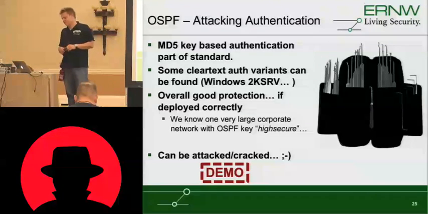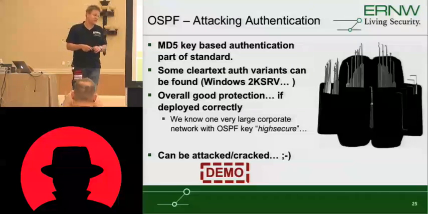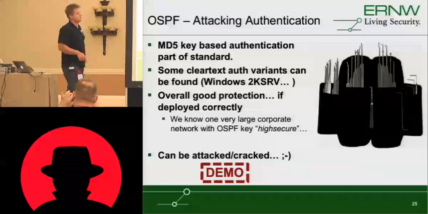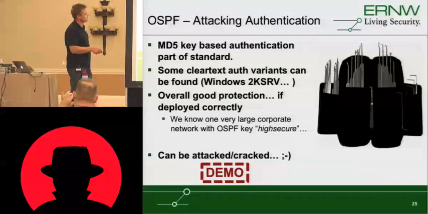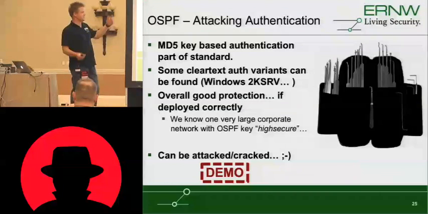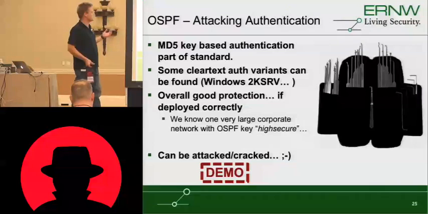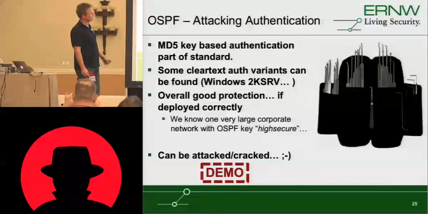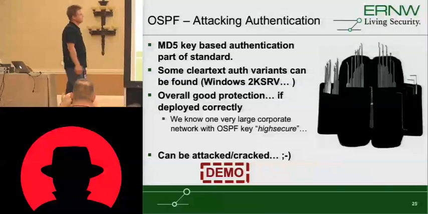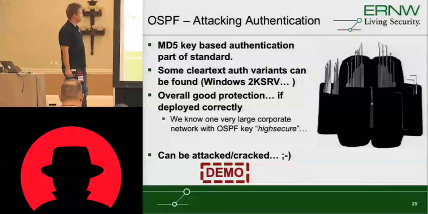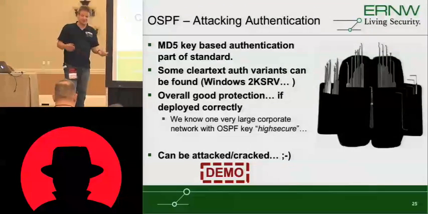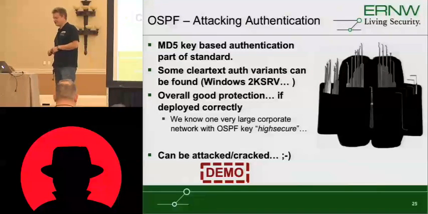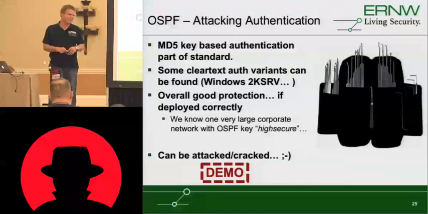Not a lot of networks are really using that. And if they are, it's most likely things like high-secure Cisco, whatever, and they never change it, because if you have, let's say, 200 routers communicating with each other, it would be difficult to change the key everywhere. So if they use routing authentication, it's most likely a weak password.